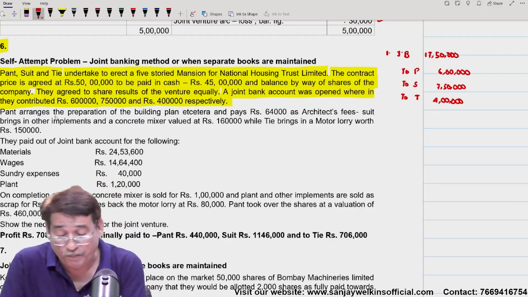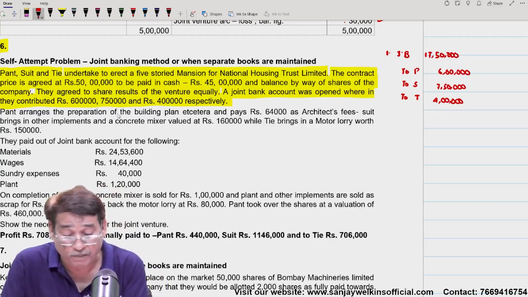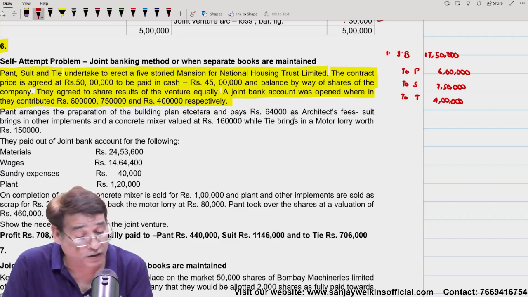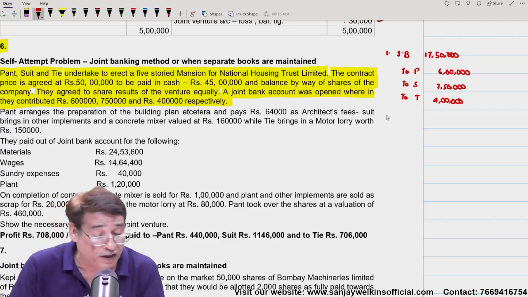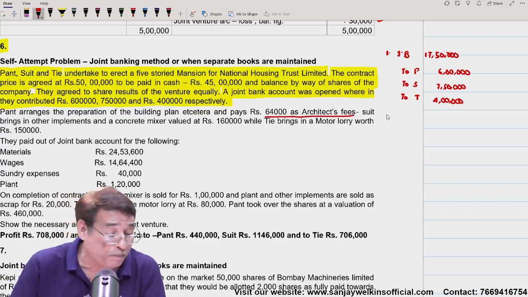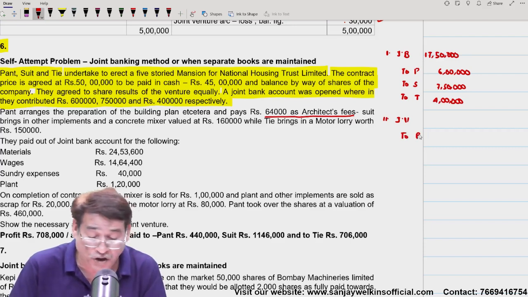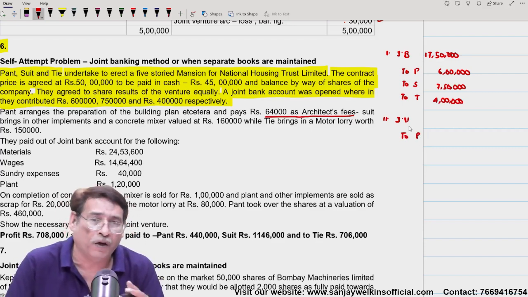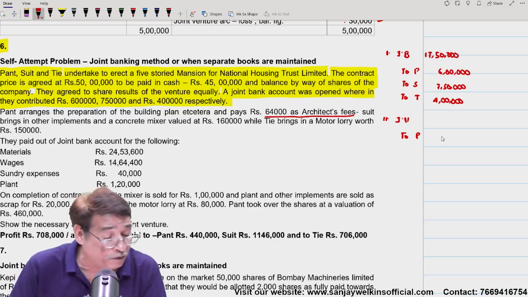Then it is given Pant arranges preparation of the building plan, etc. and pays 64,000 as architect fee. That means 64,000 worth of architect fee paid by Pant. So your entry will be joint venture account debit to Pant account, because Pant is arranging the building plan and for that he is paying architect fee of 64,000.